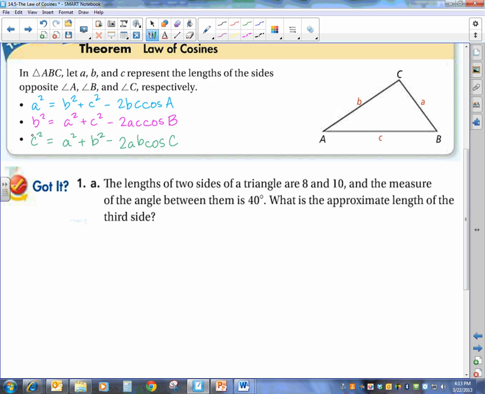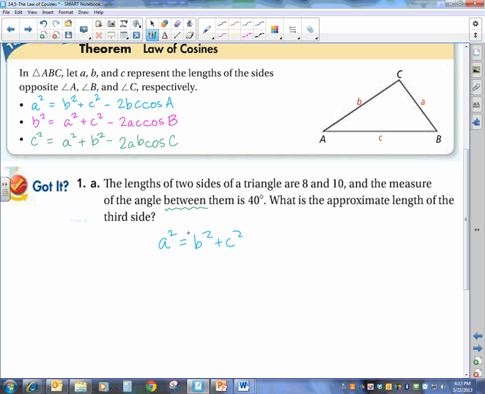So we have the length of two sides of a triangle are 8 and 10, and the measure of the angle between them is 40 degrees. Again, this is the angle between them. And pick a formula, doesn't matter which one. I tend to remember the first one more, but it does not matter.